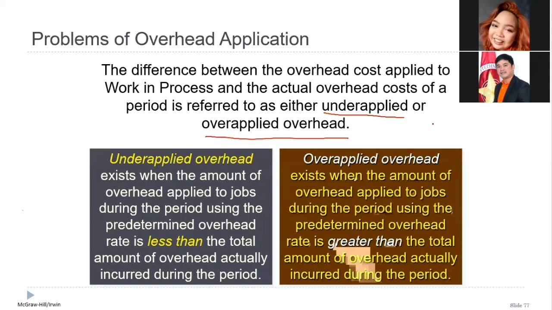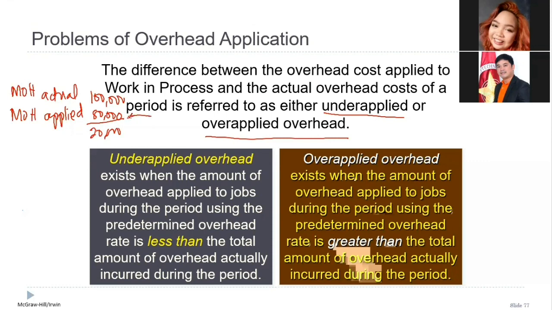So pag underapplied, ibig sabihin we have the MOH actual and then the MOH na applied. If under-applied, ibig sabihin, about 80,000 ang applied, 100,000 ang actual. So under-applied tayo ng 20,000. Is it favorable or unfavorable? Paano mo maiisip kung favorable or unfavorable?